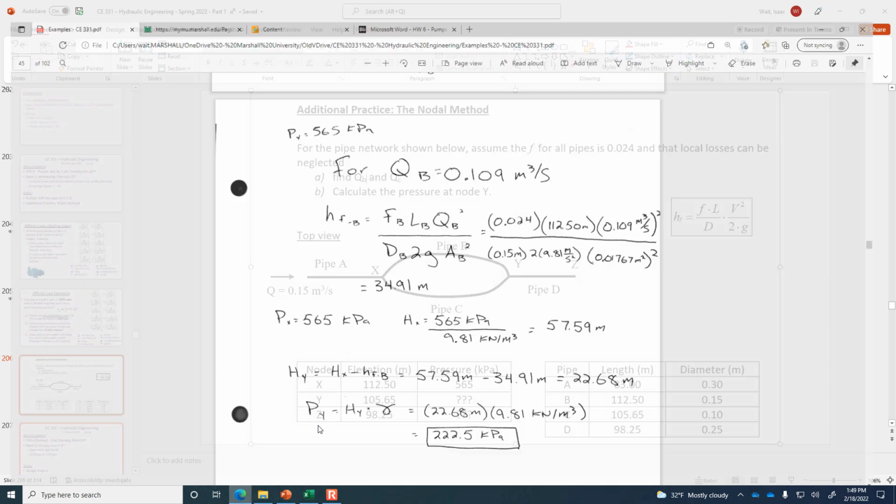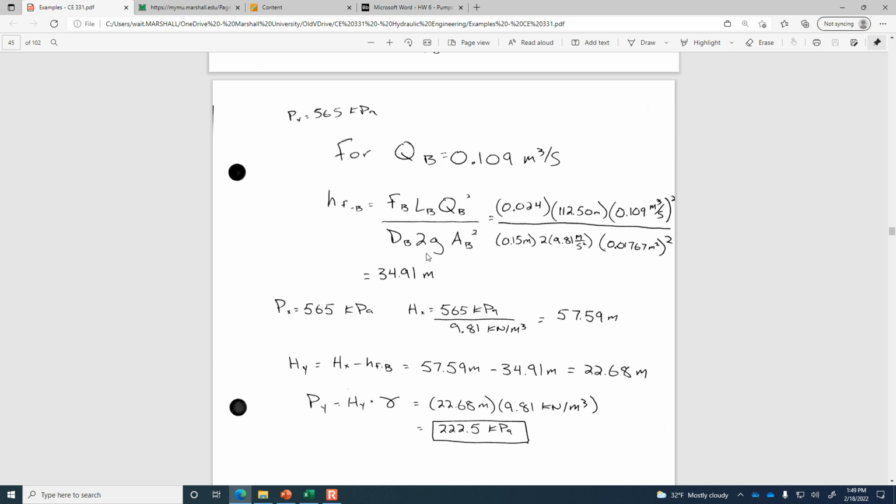But this part, it looks like I was just accounting for the energy loss due to pipe friction. So you have 222.5 kPa because of the energy loss due to pipe friction, plus 67 kPa due to the elevation change.